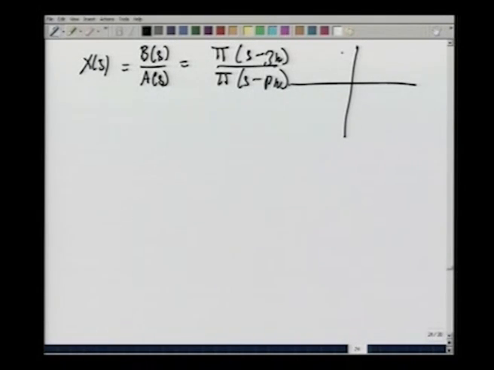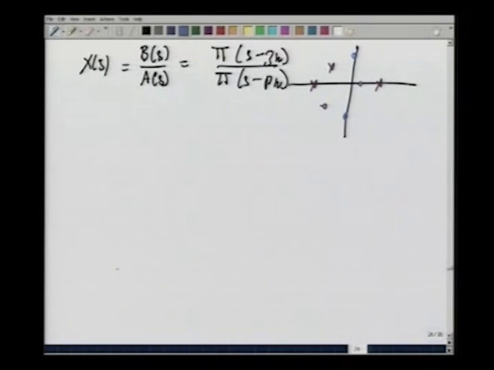Zeros are marked by a small circle like this, and the poles are marked by a cross like this, maybe one more over here, one more over here, and so on. Maybe we can add a couple of zeros as well.